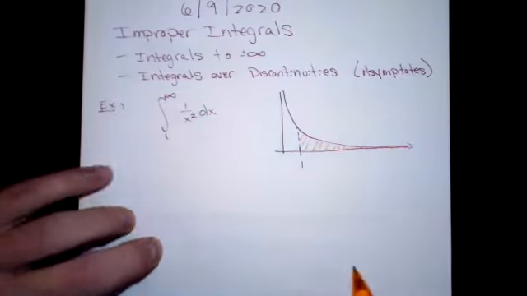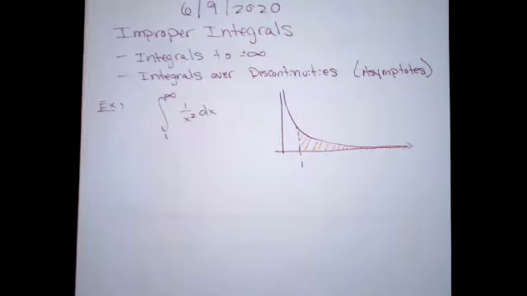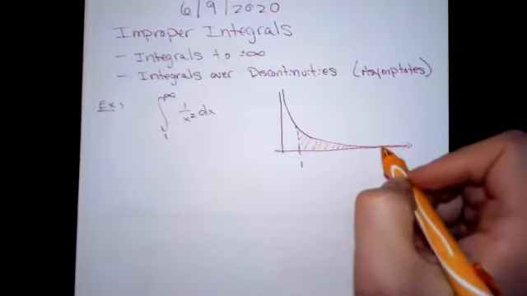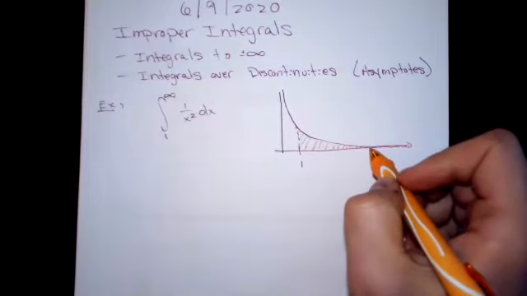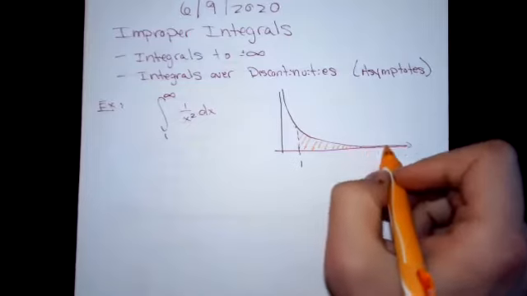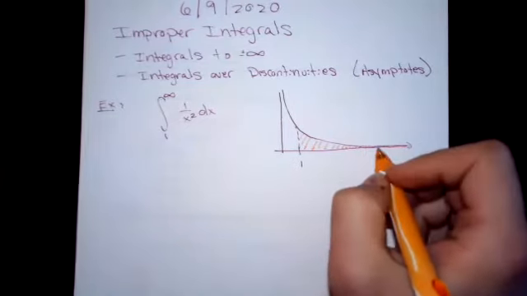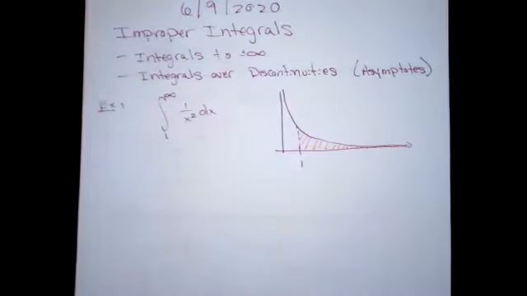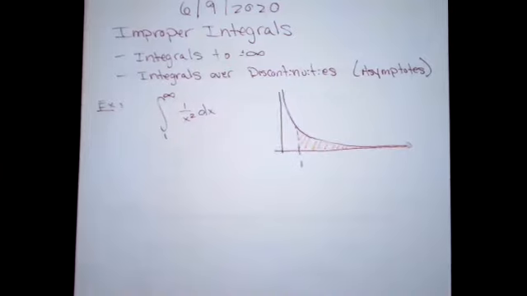And in some sense, we really just want to know, is there finite area? I'm integrating all the way out to infinity, and you can kind of imagine that if this decays fast enough, if this approaches 0 fast enough, then the total area under this thing might actually be finite, even though we're spreading out to an infinite length.